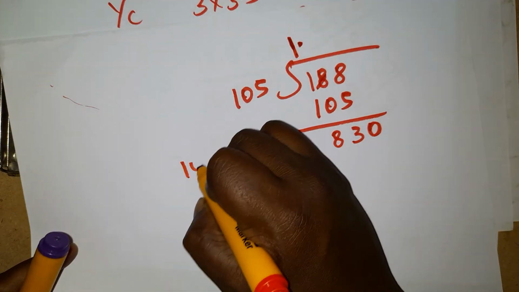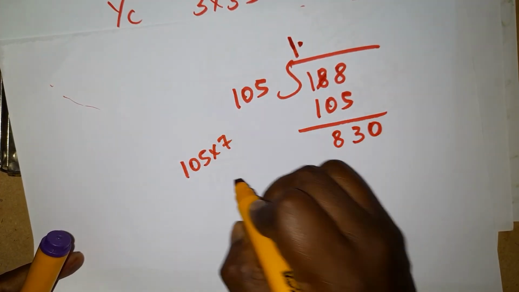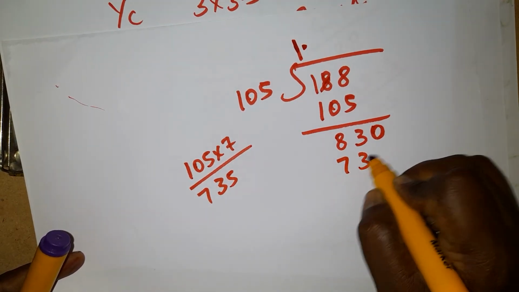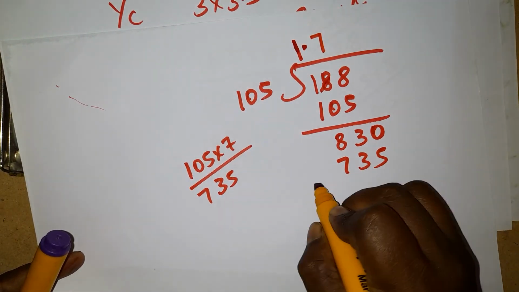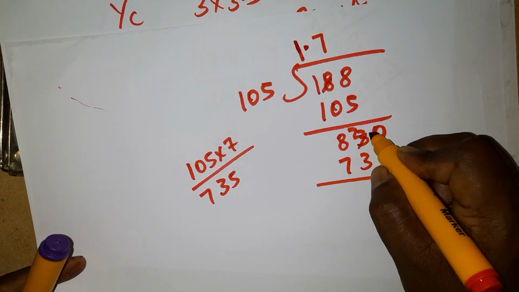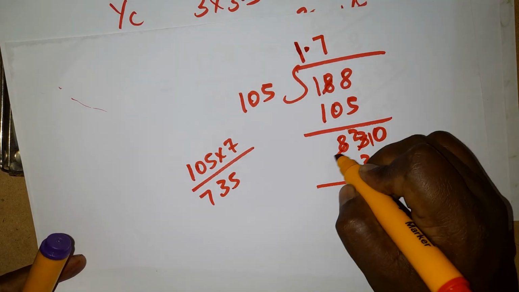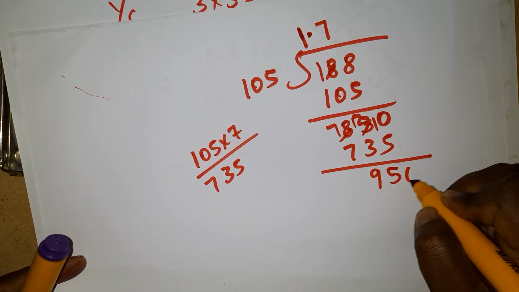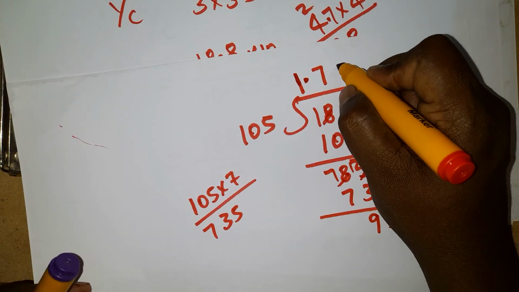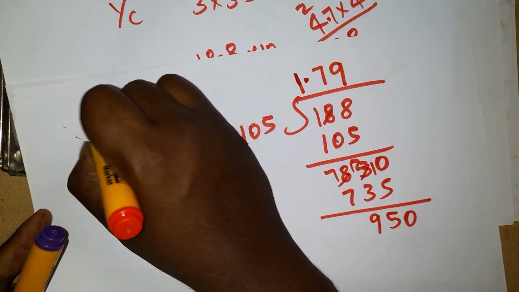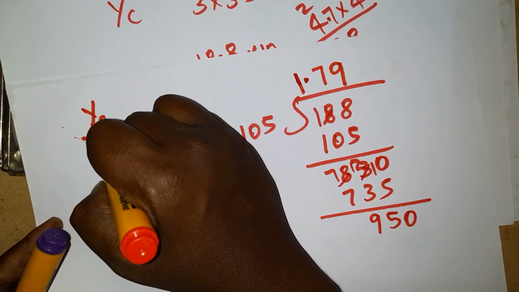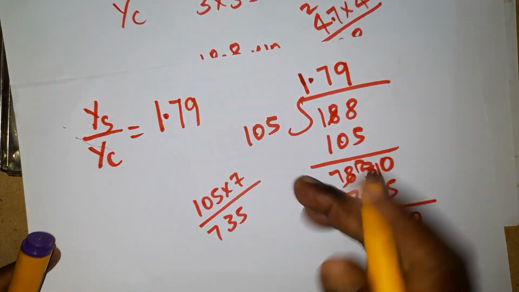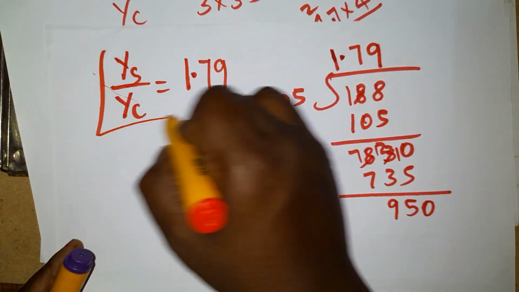So 105 goes 7 times, that is 735, 7 times. Then the remainder is 9, then 0 will be here. Approximately this is close to 9. So the Young's modulus of steel by Young's modulus of copper is equal to 1.79. It is a ratio, so we don't have any unit. Okay, this is the final value.